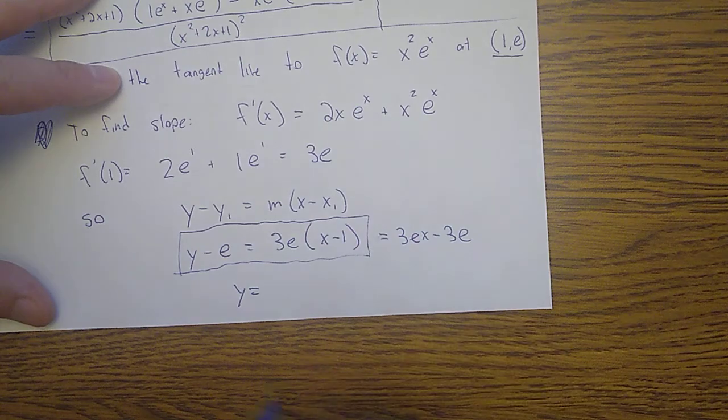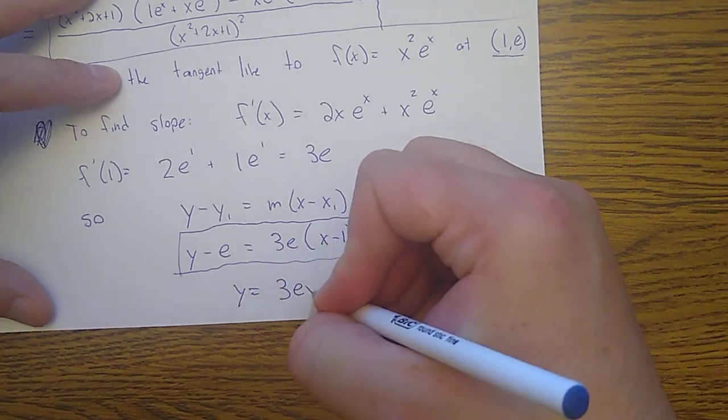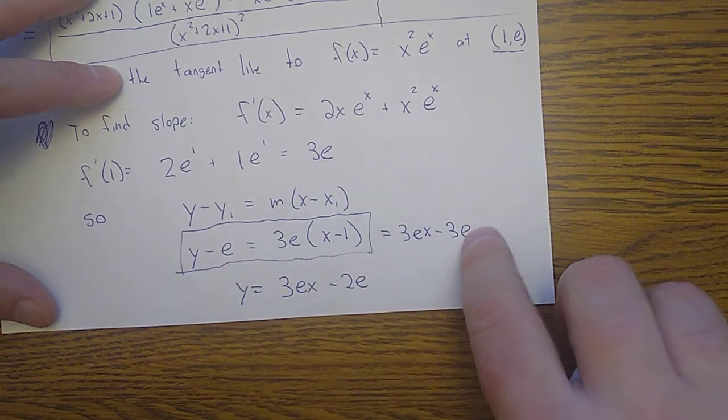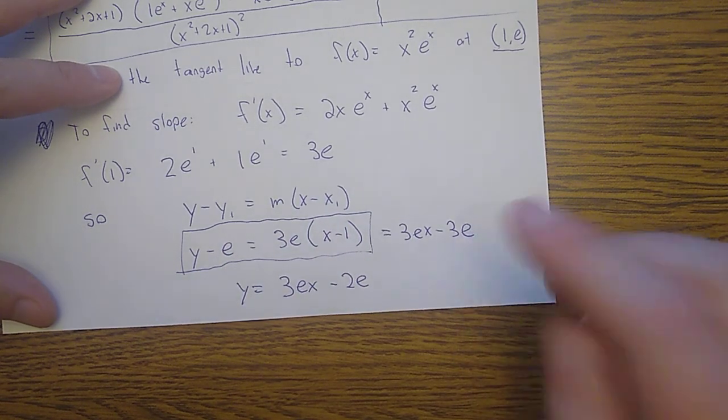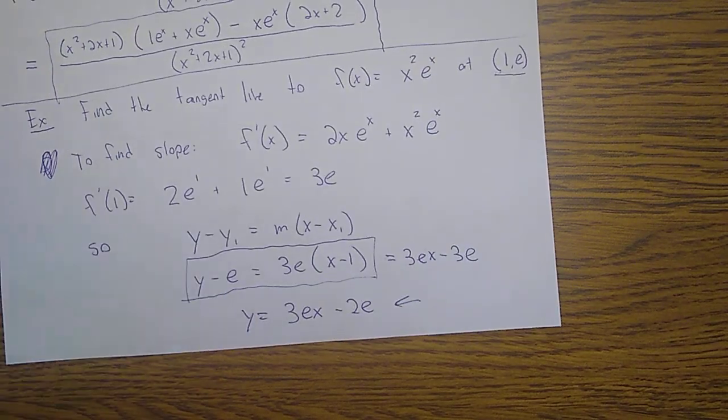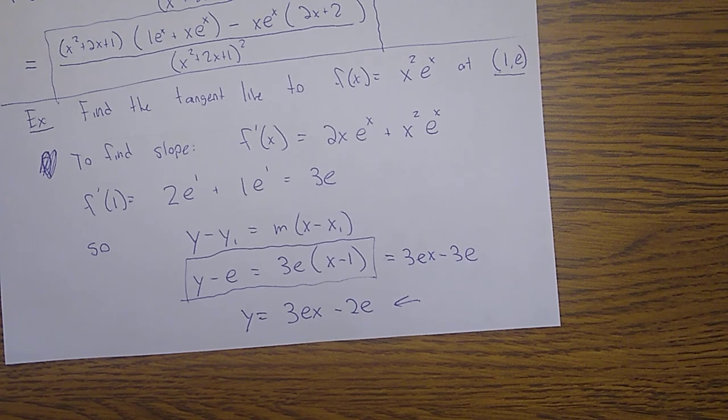So y would be 3ex minus 2e, because I added an e to this side. So the online homework would accept this version. I would accept either one. I'm not too picky, but the online homework wants you to solve for y.